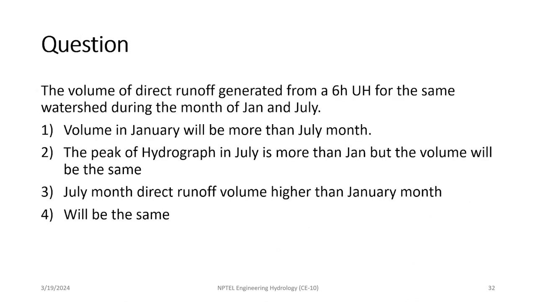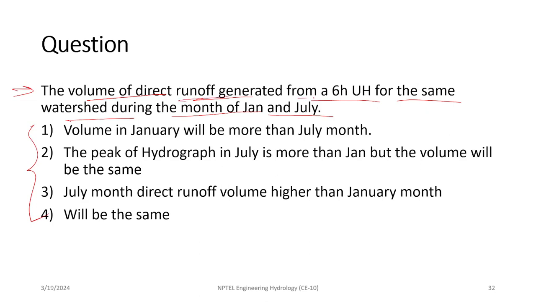Okay, moving to the next question. It's a bit theoretical, but before replying, keep your concept ready. There is some assumption in this question. The question is: volume of direct runoff generated from a 6-hour unit hydrograph for the same watershed during the months of January and July. Now tell me what will be the answer.